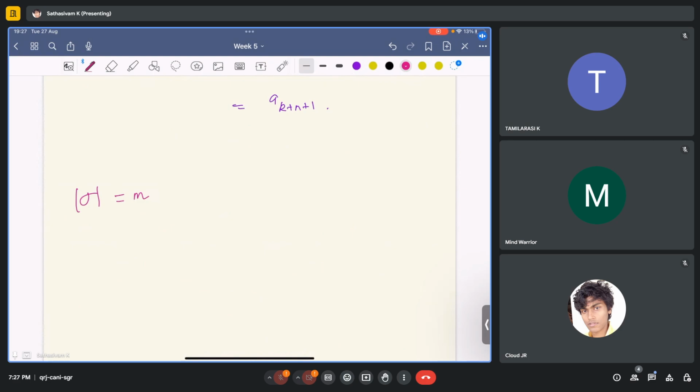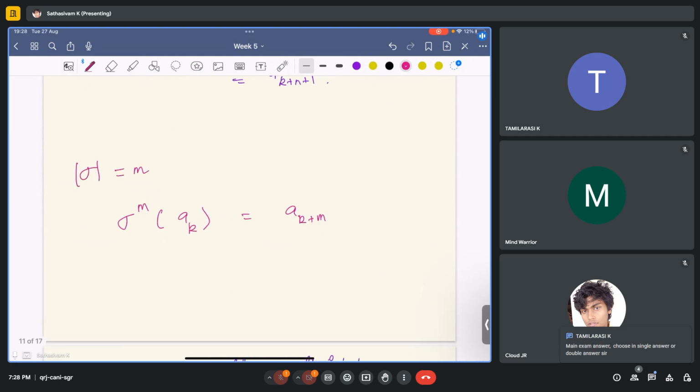First of all, what we can observe is if you apply sigma power m to any ak, this will be nothing but a k plus m. You observe that k plus m is greater than m, so we go mod m. So this is basically ak.